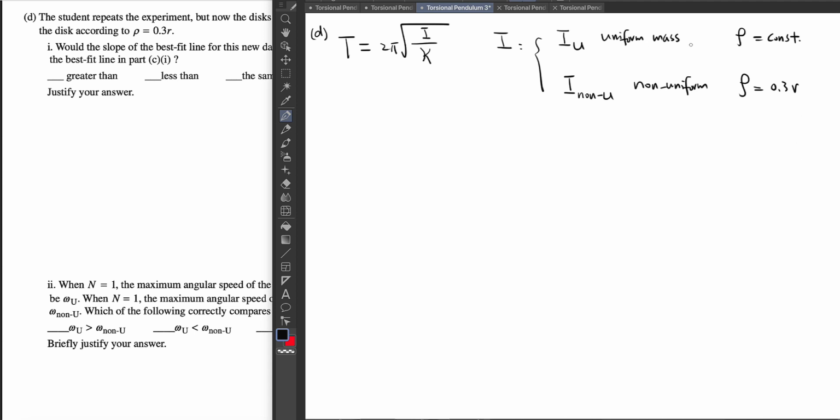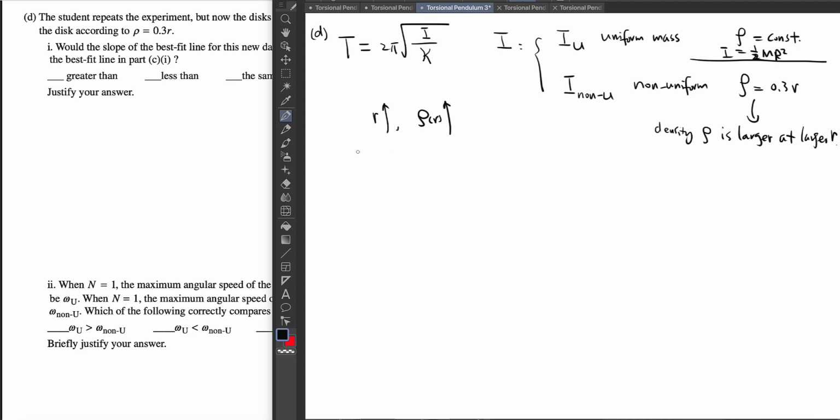So rho equals constant will give us I equals 1/2 mr squared. That's the case for uniform mass. Now for non-uniform mass, because of the density relation, density rho is larger at larger r. So when r increases, rho as a function of r increases.